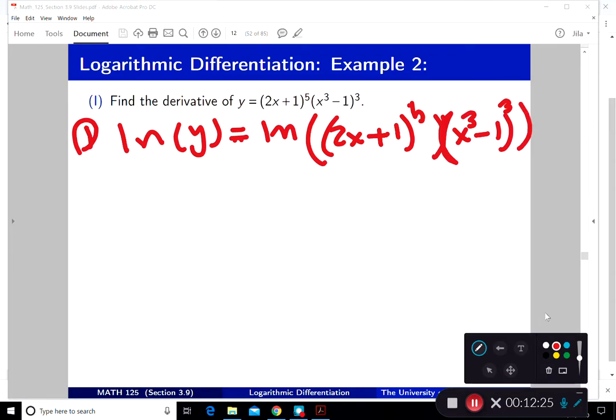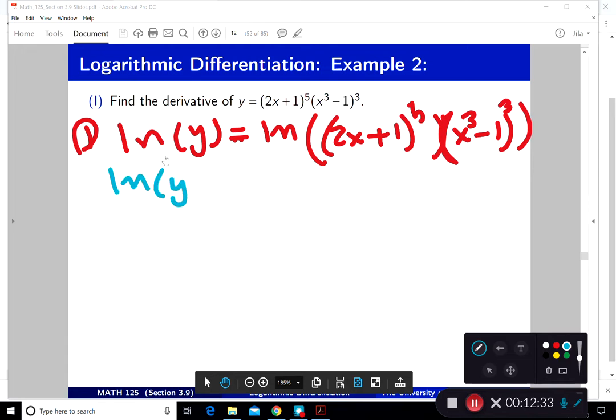Now, when I'm taking the natural log, the next step is always to simplify. Natural log of y. This is a product, so I know the product becomes a sum, and the exponent for each piece comes down.